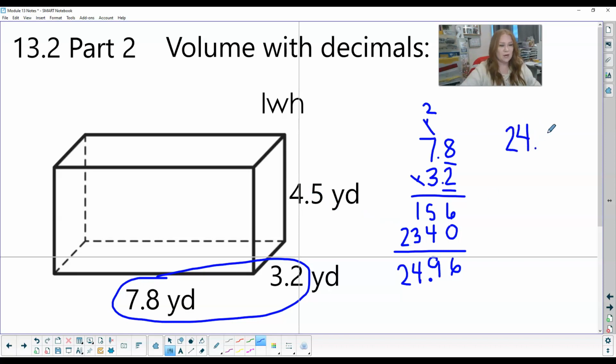So 24.96 times 4.5. I'm not adding zeros. I'm not lining up my decimals. So I don't need to line these up. I'm just multiplying. I'm just ignoring my decimals and moving them when I'm done. When I add and subtract, yes, we have to line them up. Okay, we have to know the difference here.